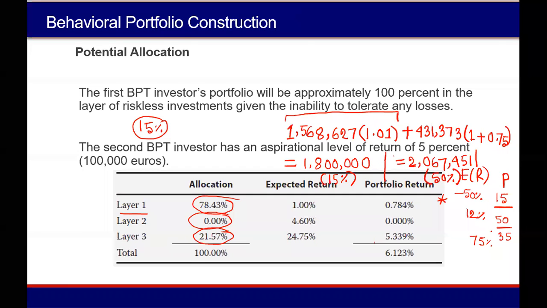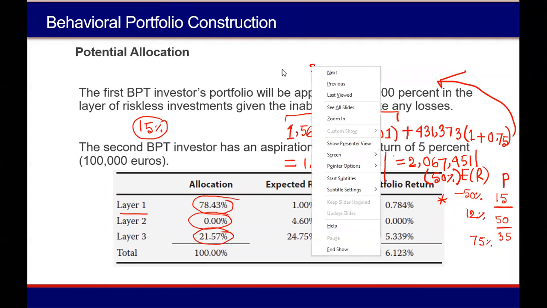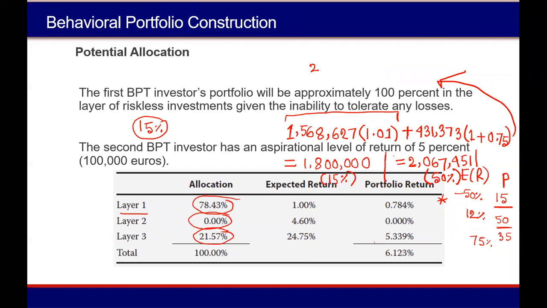And for the third case, where the return is 75%, you will see the calculation will give you a big number, as it is a 75% return. It will be 2,339,216. Okay. So what is the probability for this? 35%.